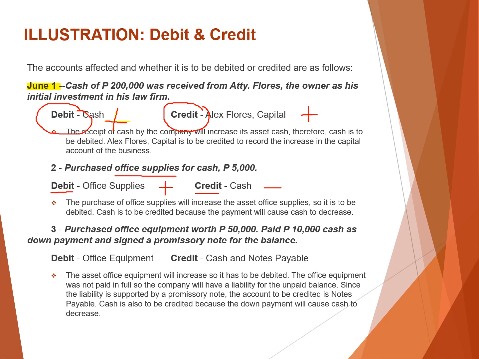They are the office equipment, cash, and notes payable. Now, what are the effects? Sa office equipment, dahil bumili ka ng office equipment, the effect is what? Is increase. Diba? Nadagdagan ang office equipment mo because bumili ka. Now, what is the effect on cash? You paid for a 10,000 down payment.